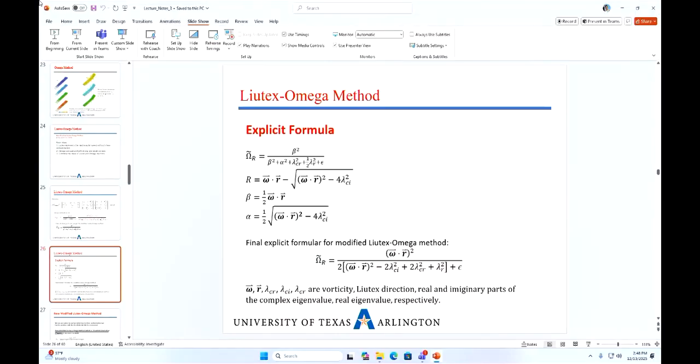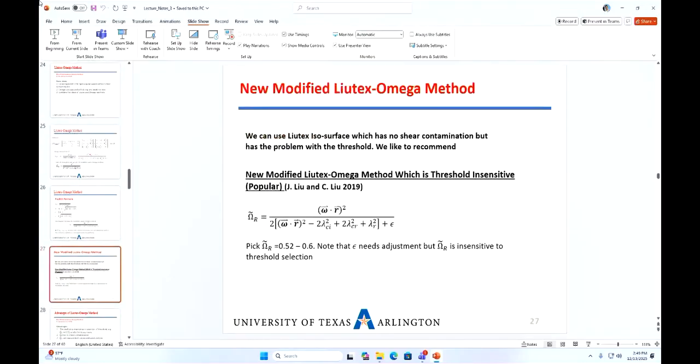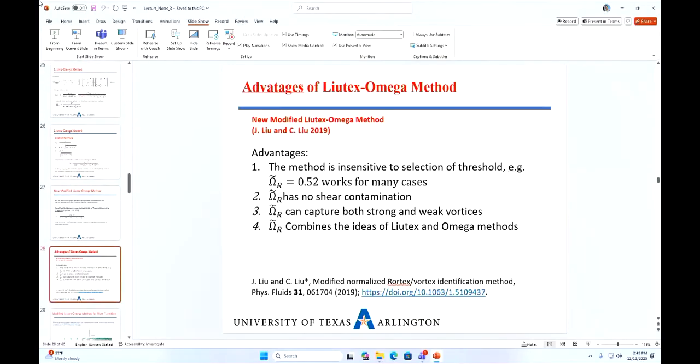It's still isosurface, but without much change to the threshold. It's insensitive to threshold. Okay? That's what we call the mutex omega method. All of this is still isosurface. That's the modified one, and the advantage is that it's insensitive and has no shear contamination.